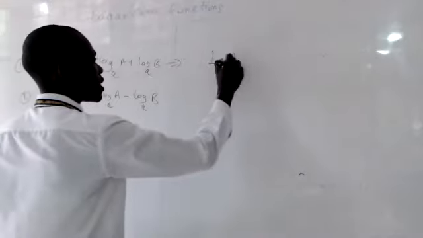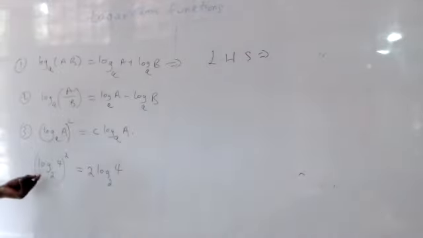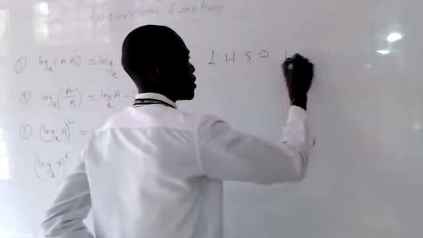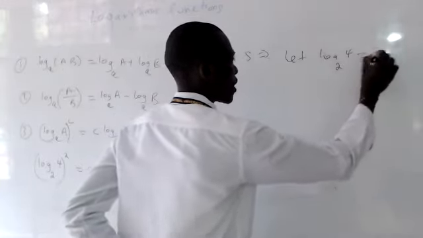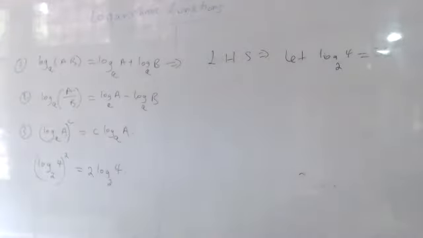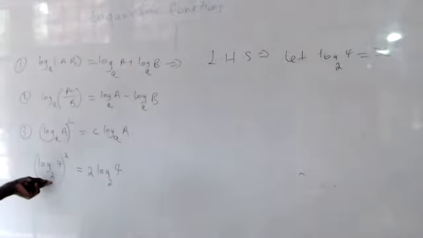So on the left-hand side, you want to compute the log to the base 2 of 4. We don't know what it is, but we can get it. So let log to the base 2 of 4 be something like x. I don't know what it is. I'm doing this because the calculator that you have does not have logarithms to the base 2.